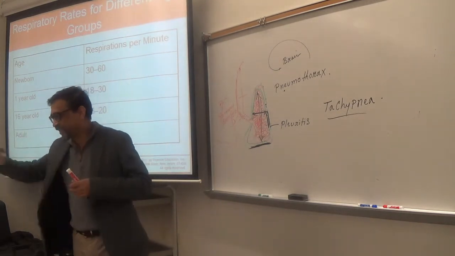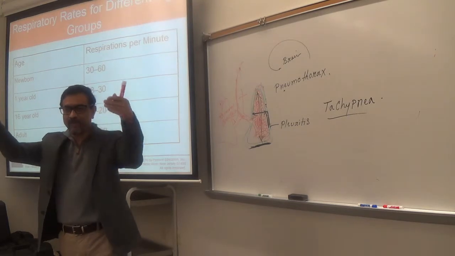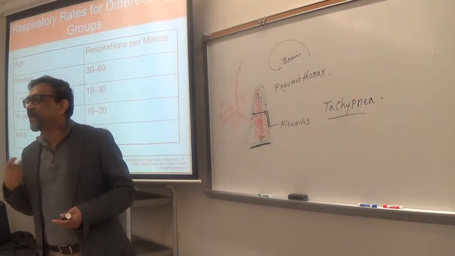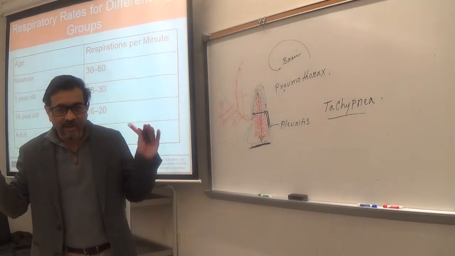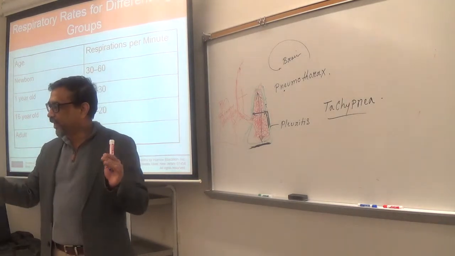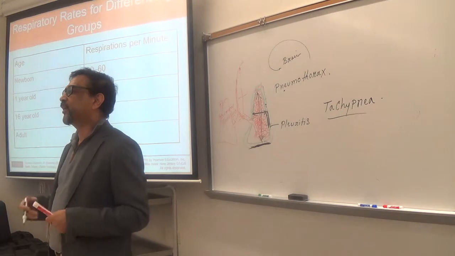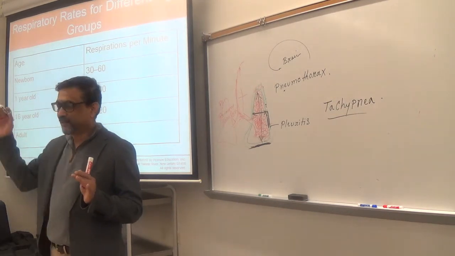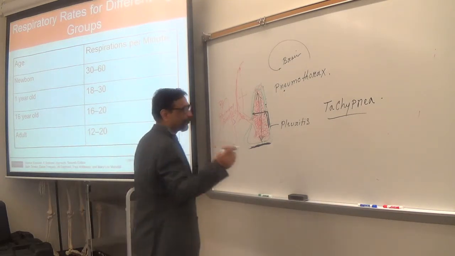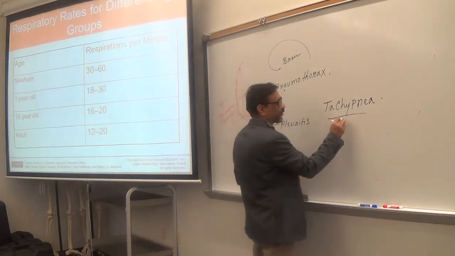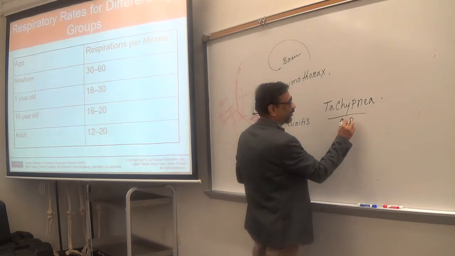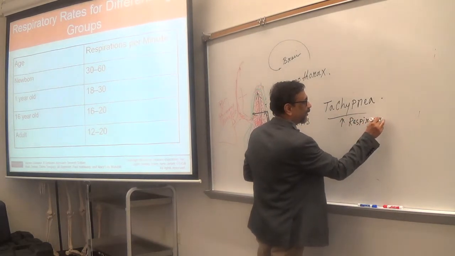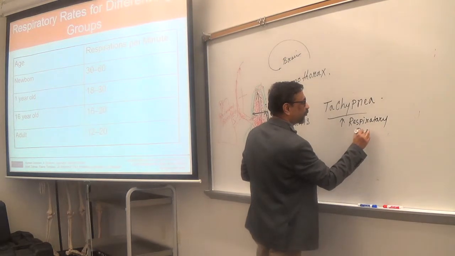Tachy means fast, right? Increased number. So, tachycardia is increased heart rate, cardia. Tachypnea is increased respiratory rate. Make sense? Above 20. Increased respiratory rate.